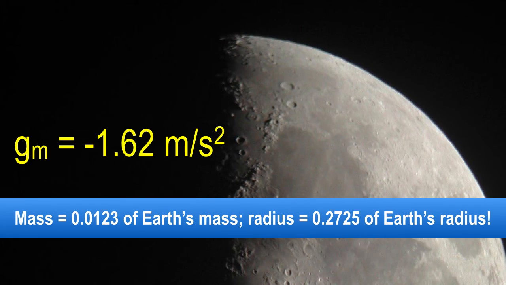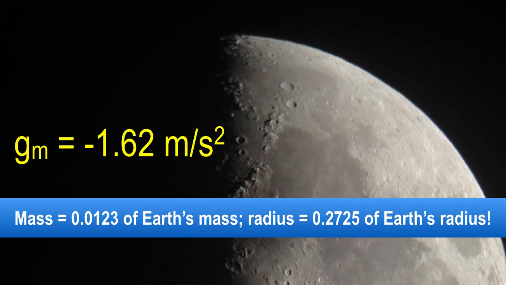And if you look at that planetary data sheet, you'll see that the mass of the moon is 0.0123 times the mass of Earth. So it's way less mass, and its radius is pretty small.